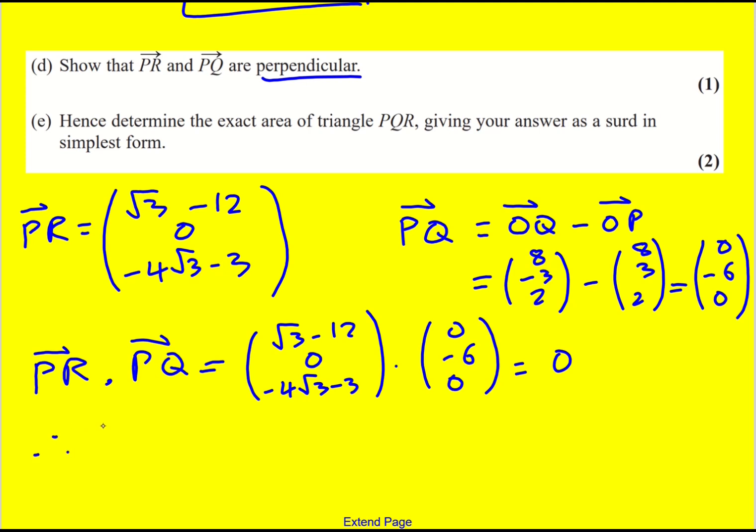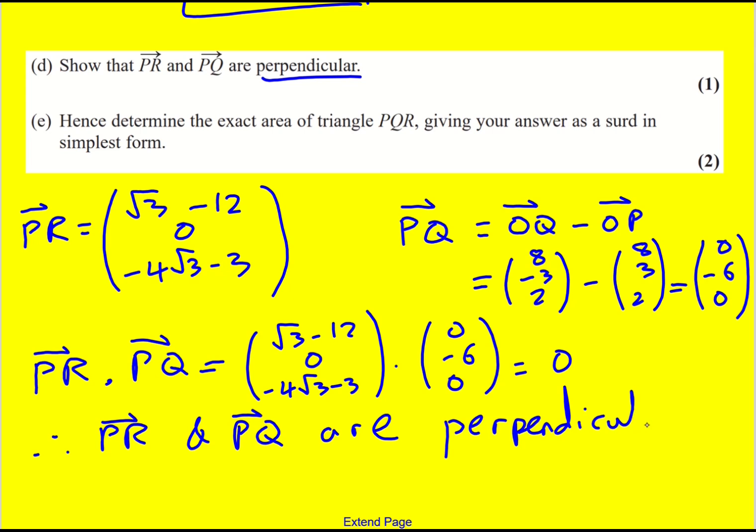We can just say, therefore, PR and PQ are perpendicular. Because remember, the dot product, you're actually also finding the magnitudes multiplied by cos theta. That means cos theta is 0, which means theta is 90 degrees. That's why it's proof. But it will generally be just accepted if you show the dot product is 0 that they are perpendicular.